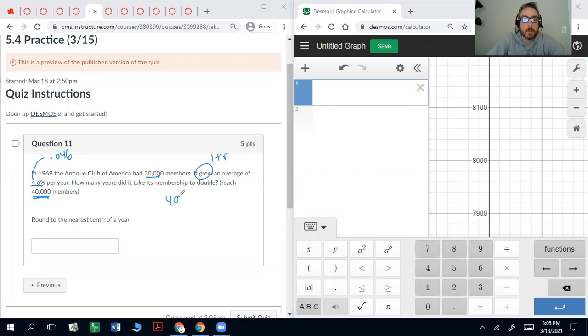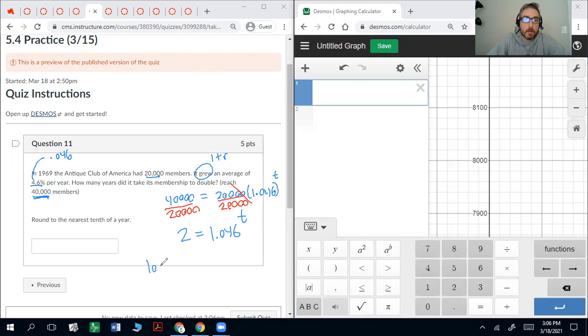So 40,000, 20,000, 1.046, and our unknown being t. So you'll see where that double comes into play. If you divide by 20,000, you'll get 2. So double would be 2, triple would be 3, etc. So you get 2 equals 1.046 to the t power.